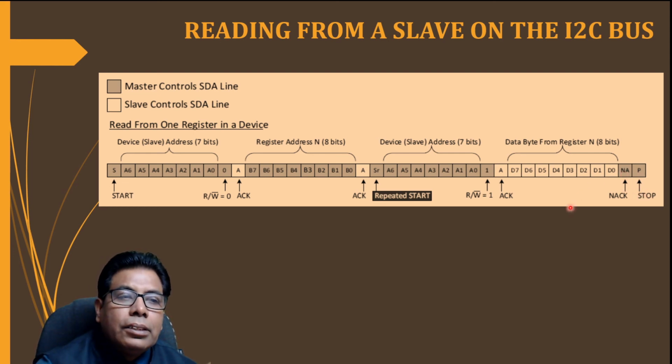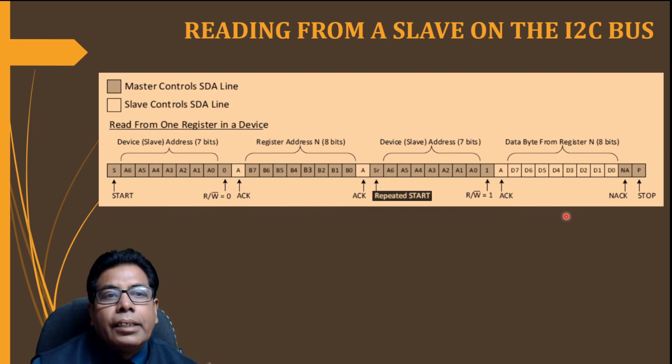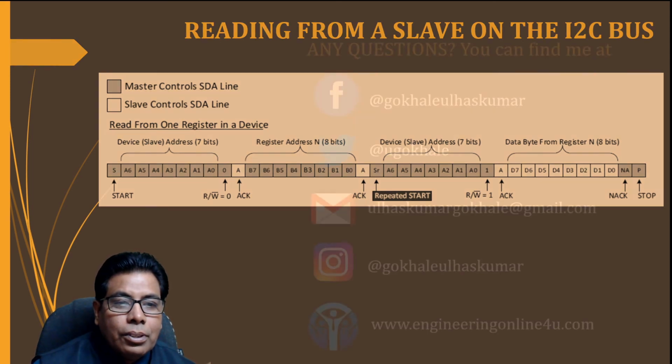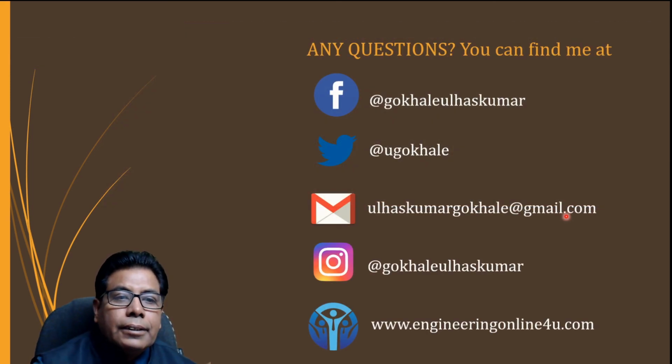So in this way you will be able to read the data from the slave on the I2C with only 2 wires, SDA and SCL. So this is how the I2C protocol operates. I hope you have got the things.